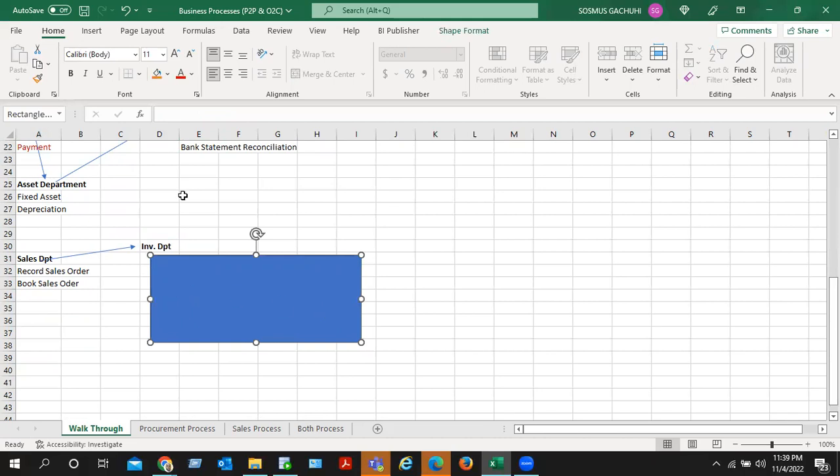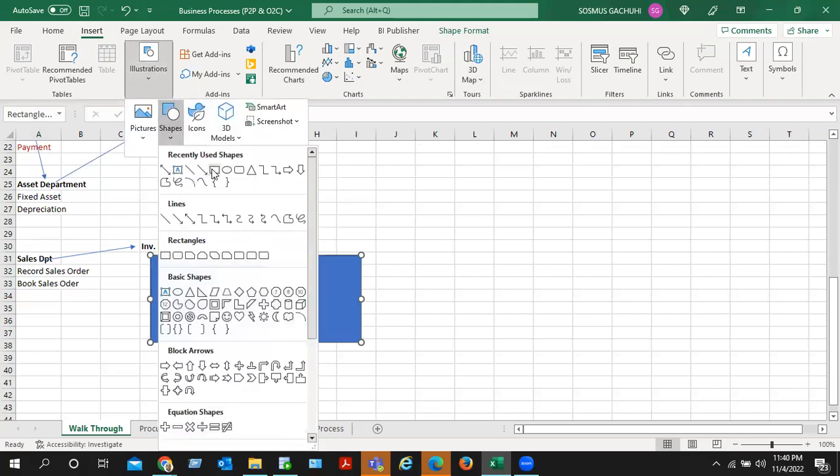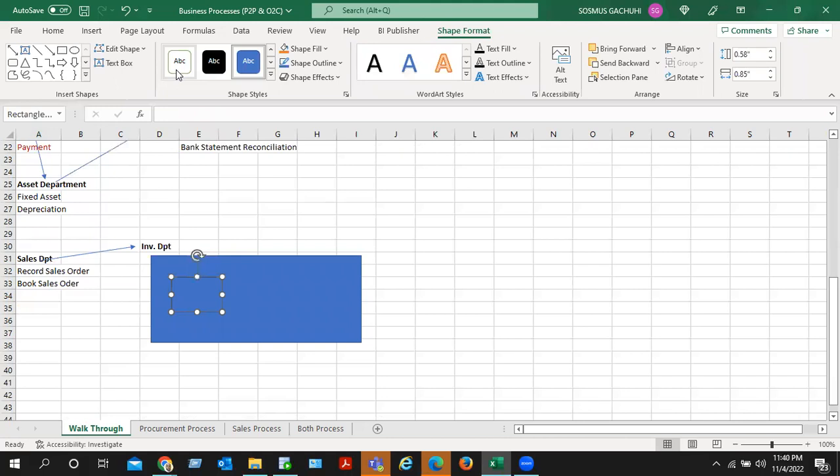Under this inventory department, we have some other sub-departments inside it. For example, we can have one sub-department, and we can have another one.